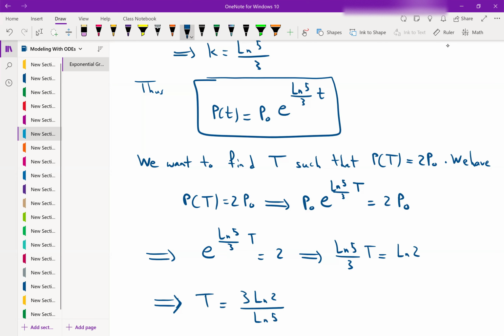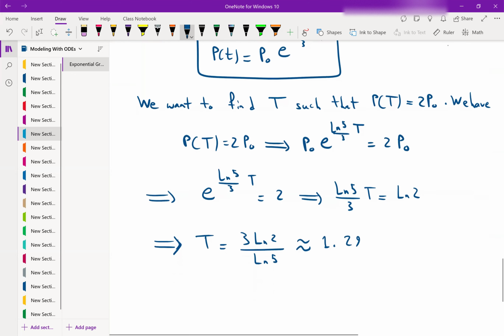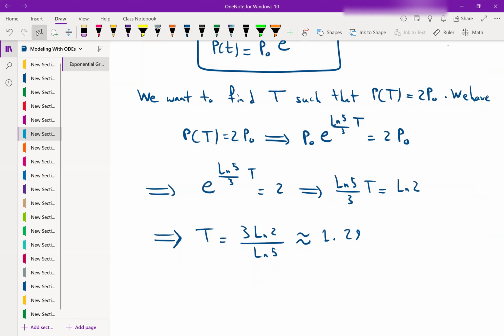Now you may use a calculator at this point to approximate this value. It is approximately equal to 1.29. So the bacteria doubled its original population in about 1.29 hours, which is about 77 minutes.